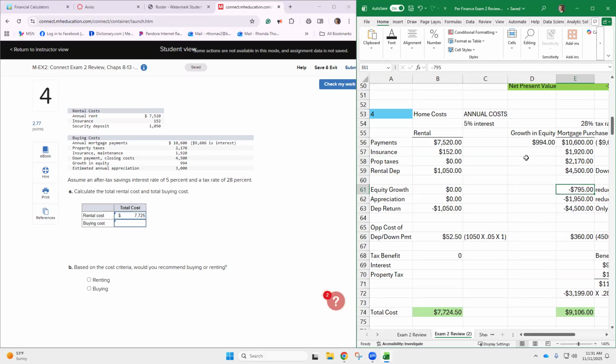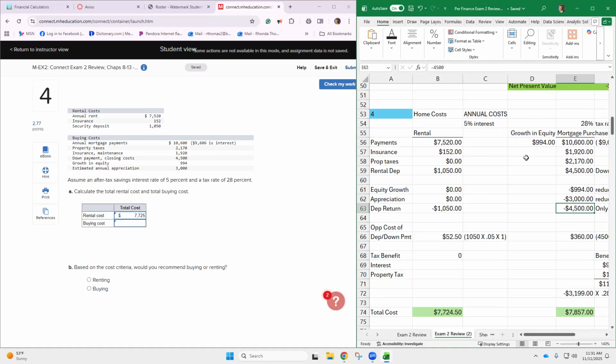Now here comes some payback from purchasing. That growth in equity actually offsets some of our cost. I need to change that to a negative 994, and that is what the problem says. So those are in agreement, thankfully. The appreciation of the property is also an offset to our costs for the year.